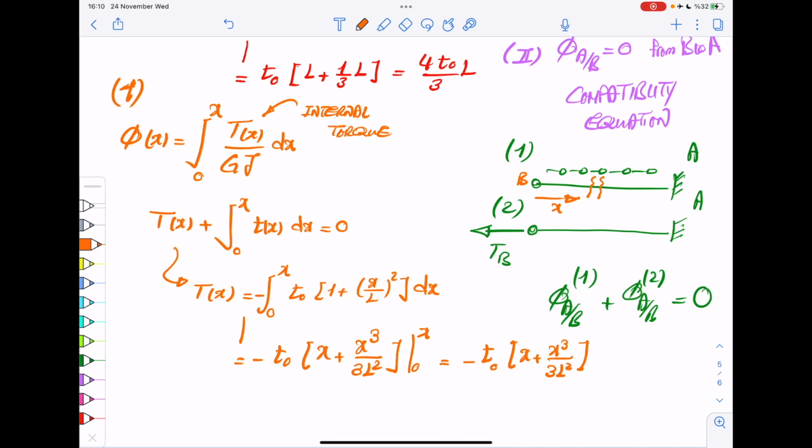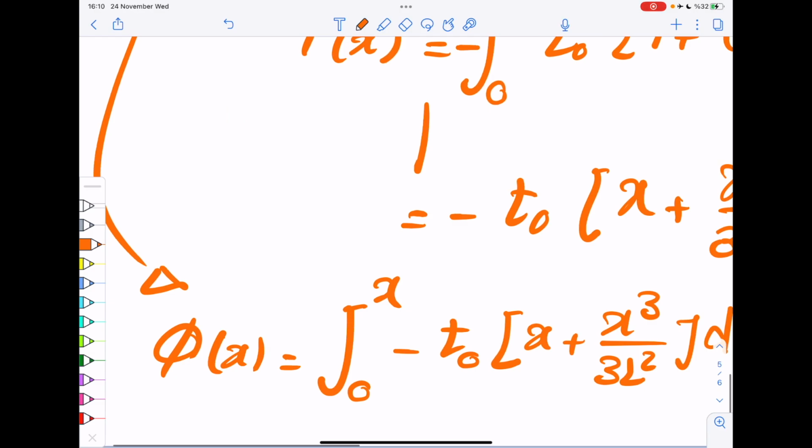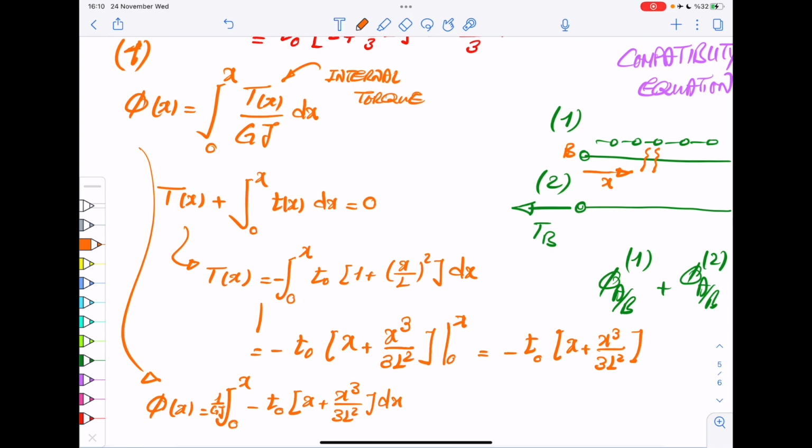Now what you need to do is to insert this into this integral, and we do exactly that. So you get phi of x is the integral from 0 to x of that T, which is minus T0 times x plus x to the power 3 divided by 3L squared, dx. And there is a 1 over GJ that you can write here, since those are constants, I took it out.